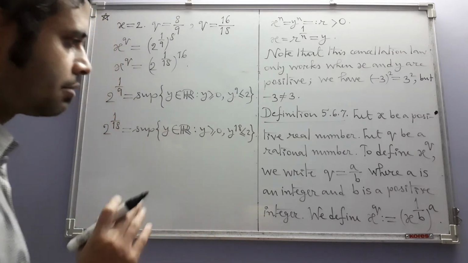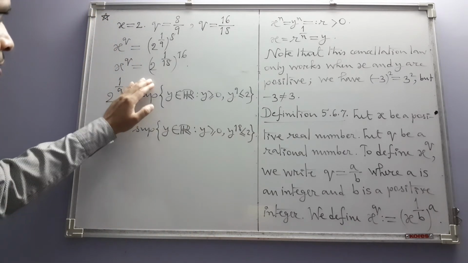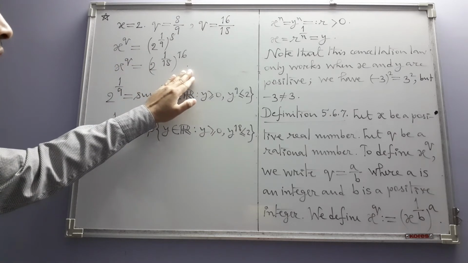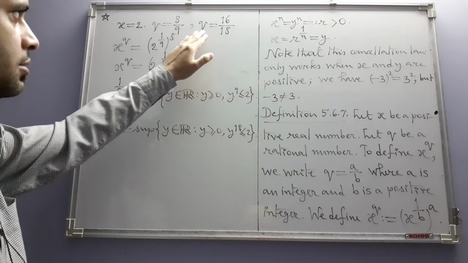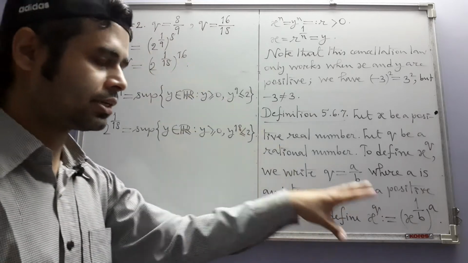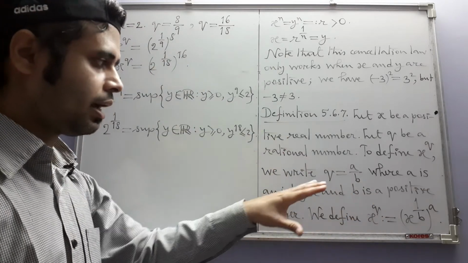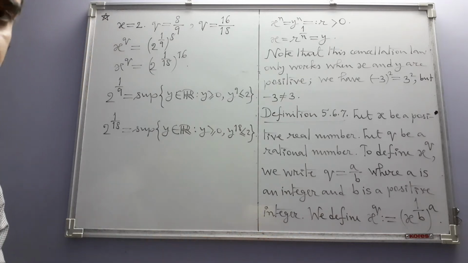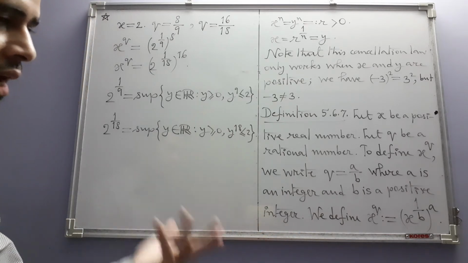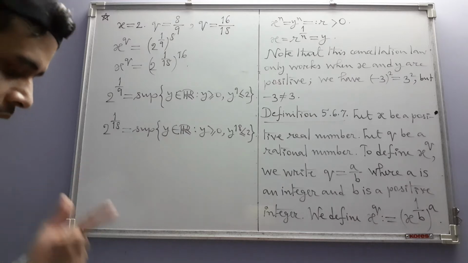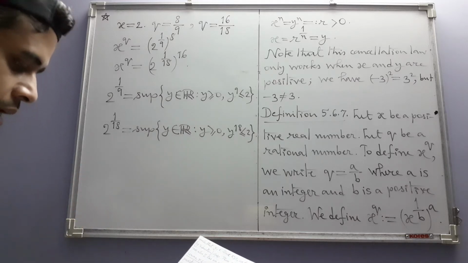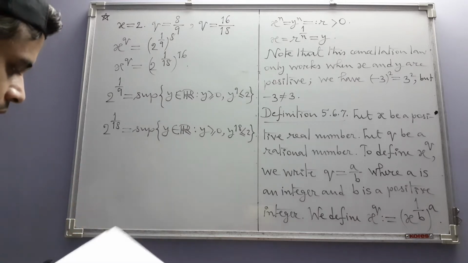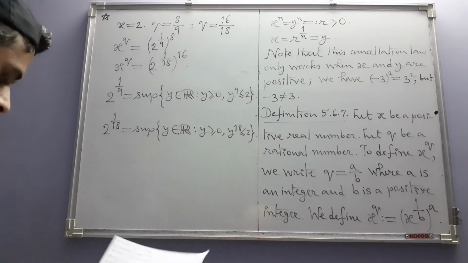Fortunately and surprisingly, these two things turn out to be equal, and not just these two things. The actual value of x to the power q does not at all depend on what a and b themselves are. Ultimately, the value turns out to be equal, and that is our next result, next lemma.